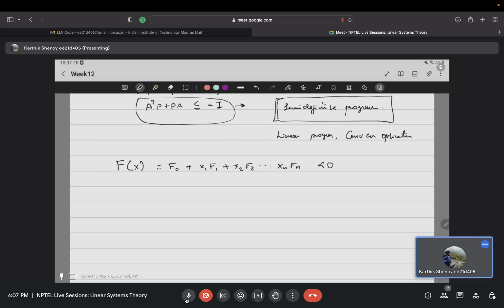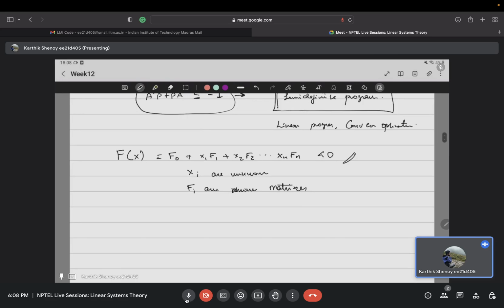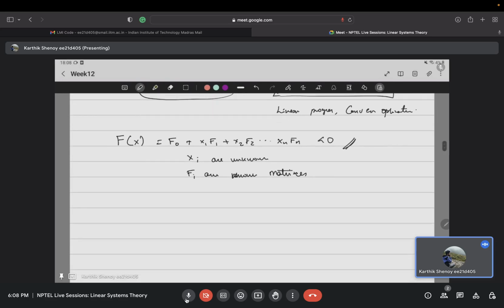This is where the xi's are unknown and the Fi's are known matrices, and you have to solve for xi. You have to find an xi such that this inequality holds, okay.